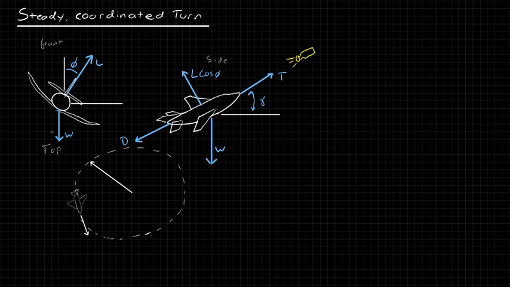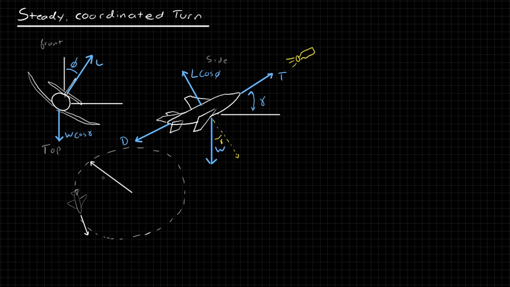So this weight actually is a projection of the weight, like something like this, where this angle is also gamma. So really what we have here on the front view is W cos gamma. I hope that makes sense. It's a little bit confusing because we're doing projections of things onto planes, but I just want to be really clear about it.